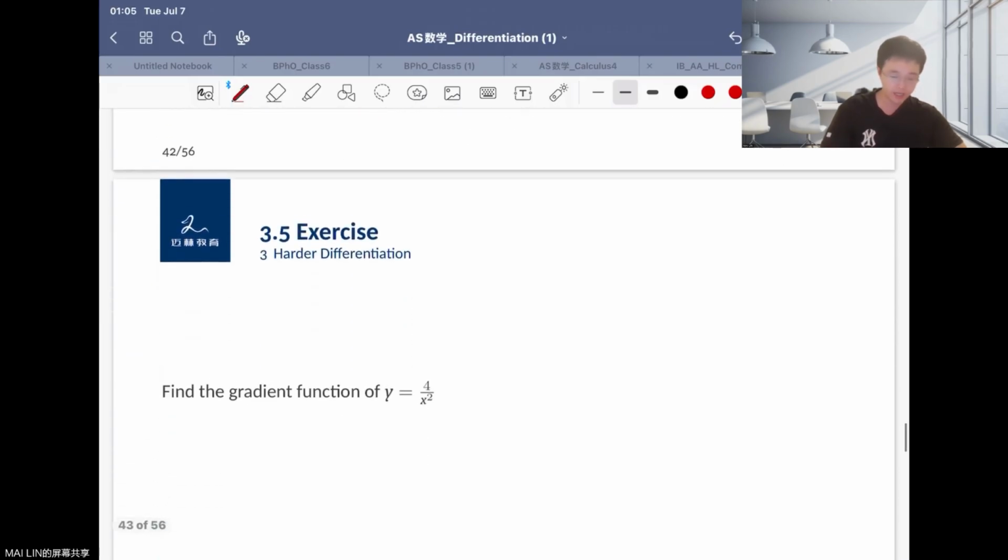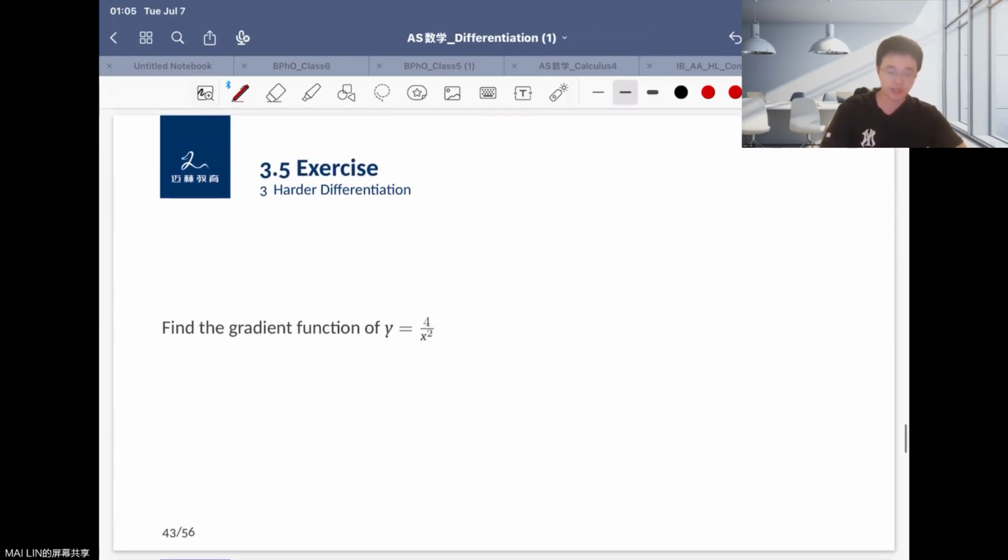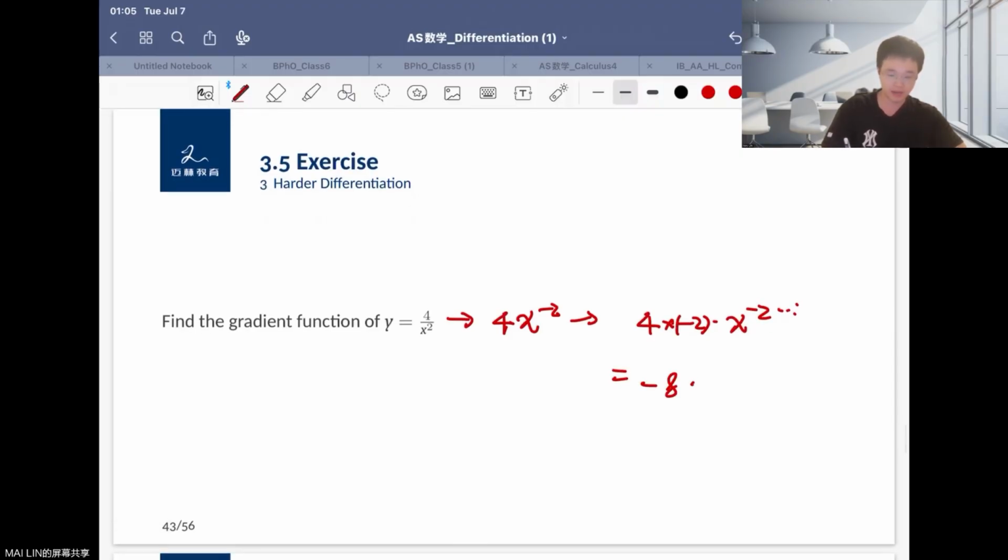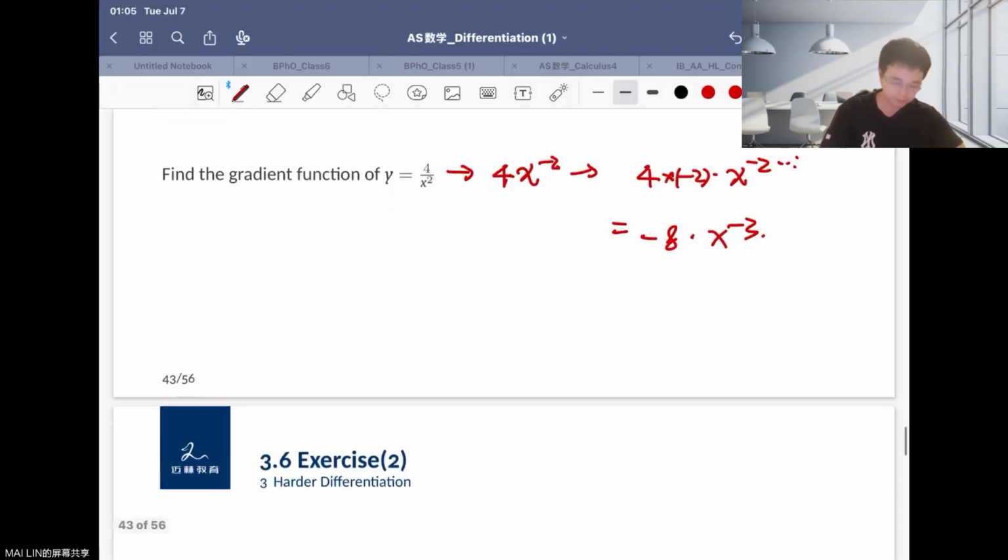For example, to differentiate 4 over x squared, we first translate it into 4 times x to the power of negative 2. Then we move the power in front, so it becomes 4 times negative 2, and then the power minus 1, that is x to the power of negative 2 minus 1. So it becomes negative 8 times x to the power of negative 3. That is for this problem.